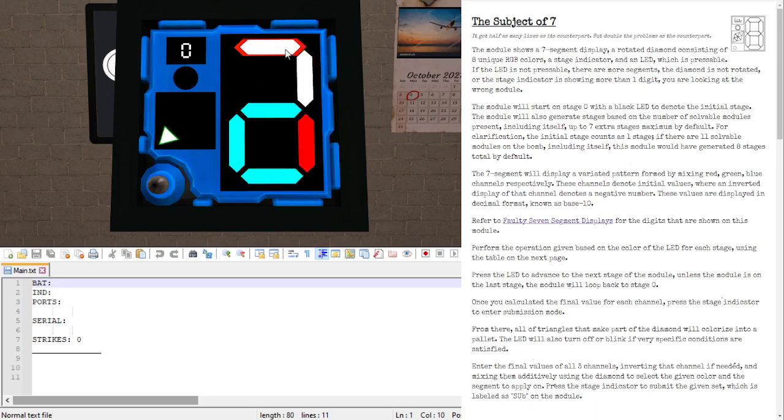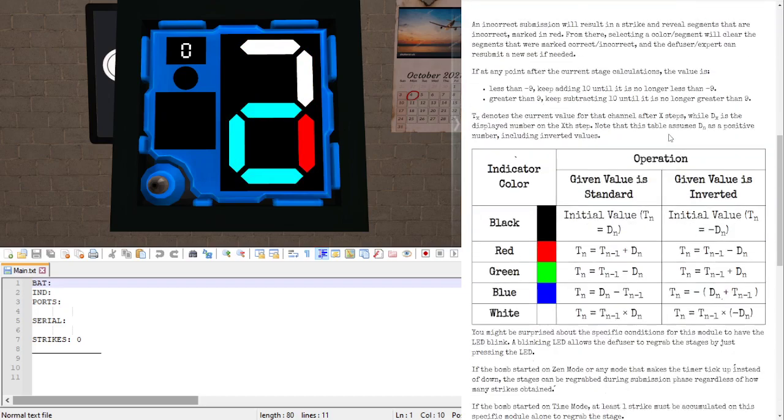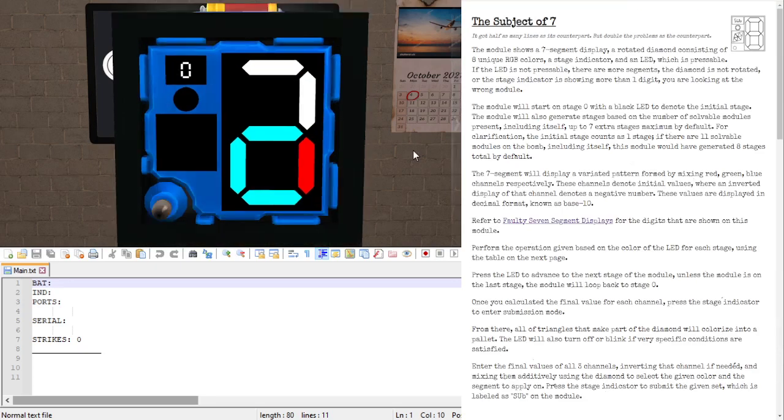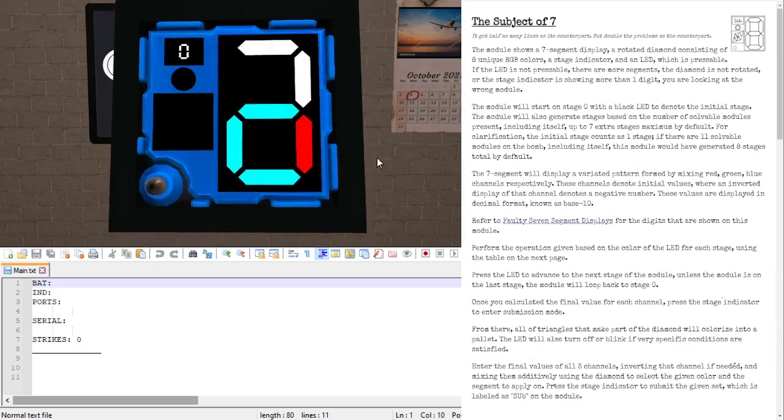We have exactly 7 segments, which are colored in 8 colors. It's actually black, green, red, blue, cyan, yellow, magenta, and white. And it's just RGB mixing. If you're familiar with that, you just mix colors, red, blue, and green, and get some more colors.